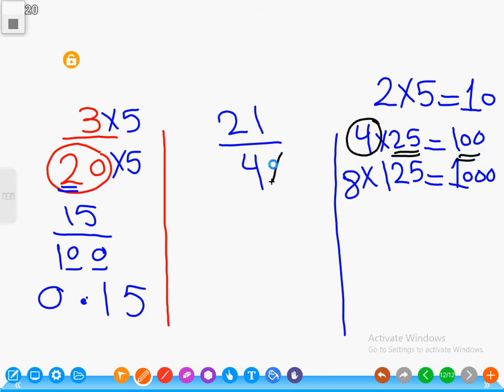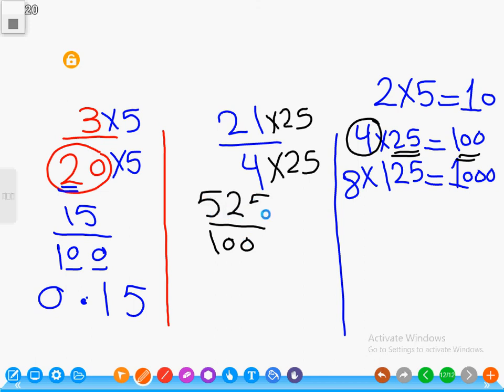So multiply it by 25. We must do the same operation on the numerator. 4 by 25 equals 100. 21 by 25, the result will be 525. Now I have a fraction with denominator 100, so we can write it as a decimal number.